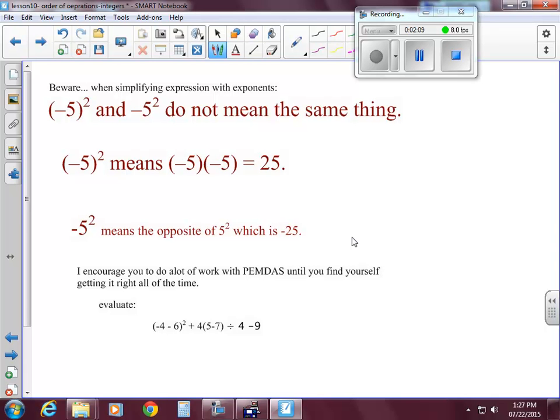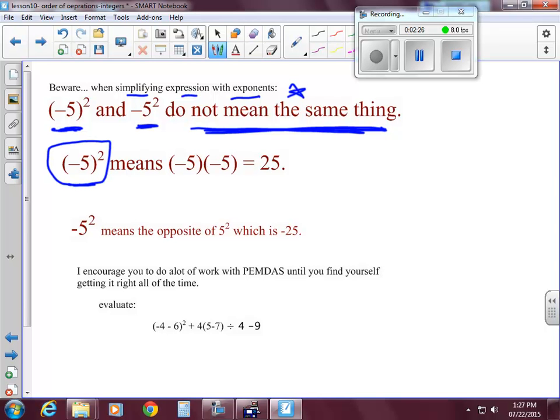So before we do this one, beware when simplifying expressions with exponents, though. Beware that negative 5 in parentheses squared and negative 5 squared do not mean the same thing, right? It turns out negative 5 in parentheses squared means negative 5 times negative 5, which is 25. But negative 5 squared, without the parentheses, actually means take the opposite of 5 squared, which would bring you to negative 25.